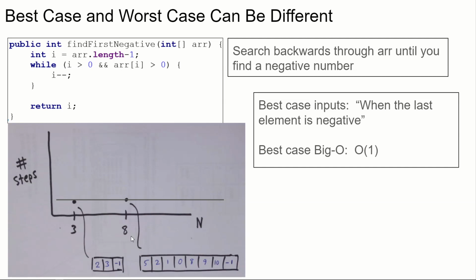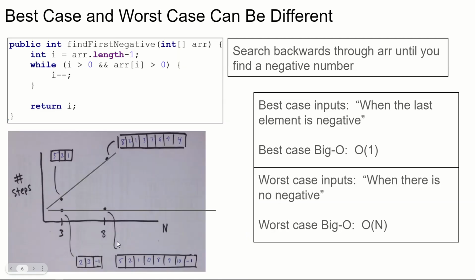So you could imagine a best case where your array length was 1 billion. The best case would be a negative number is the last thing in the array. So best case isn't about having a small array size. A best case is about the particular values that would lead any array size to run the fastest.